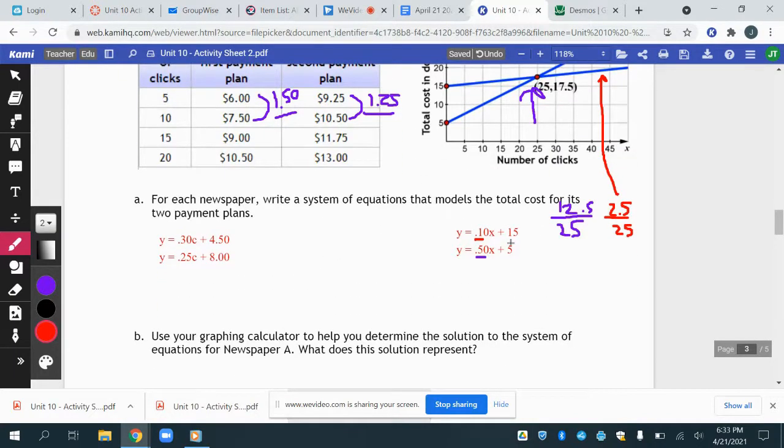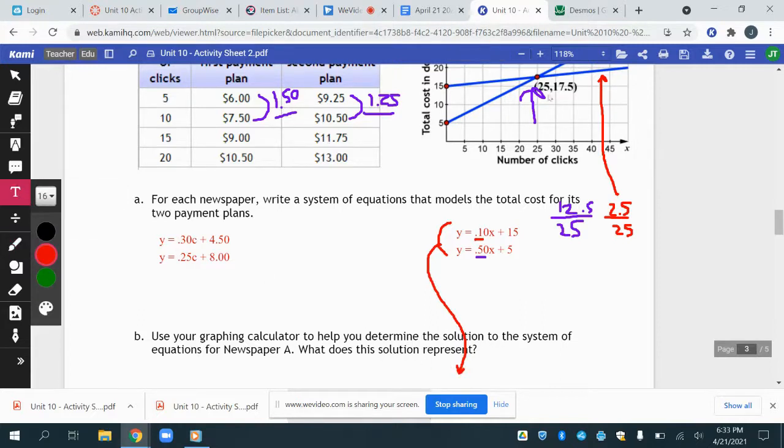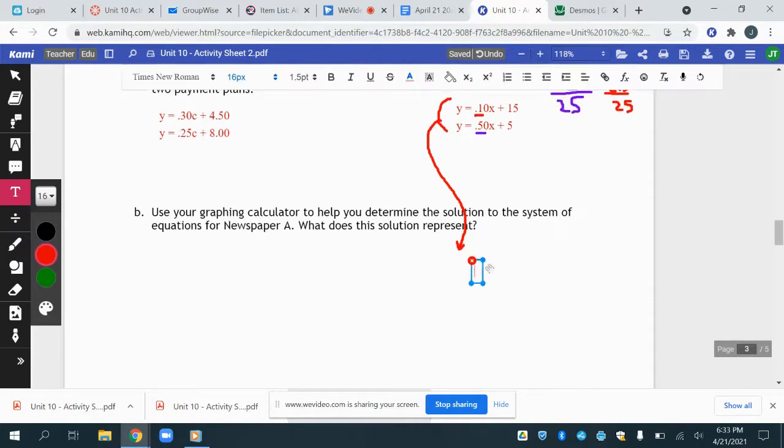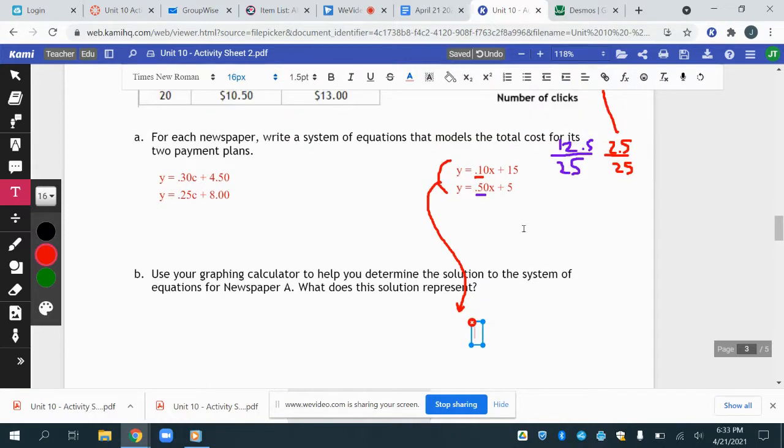Well, this one already has a solution, right? The solution is right there. It's given on a graph, 25, 17.5.